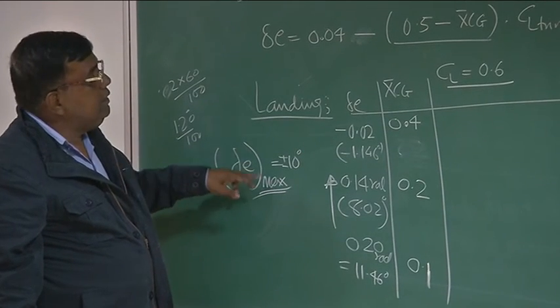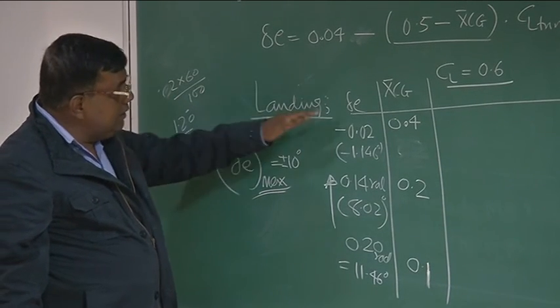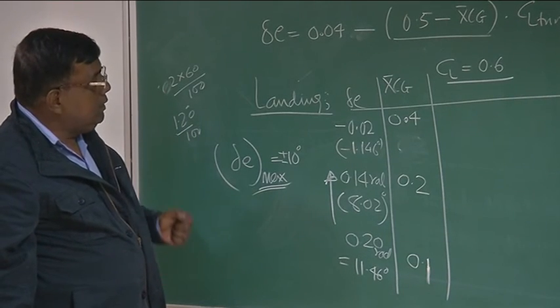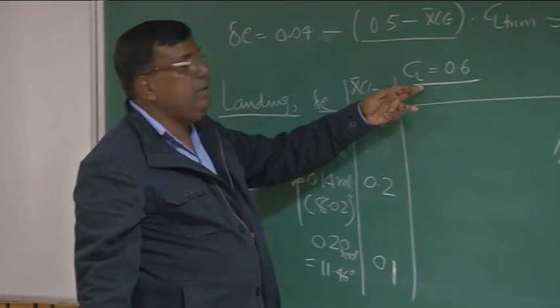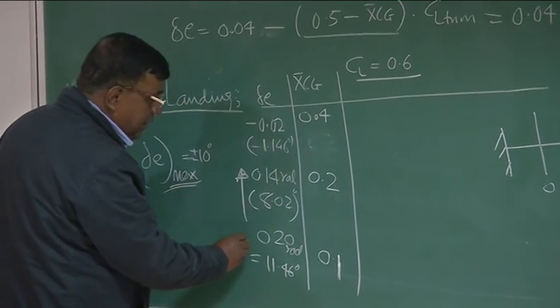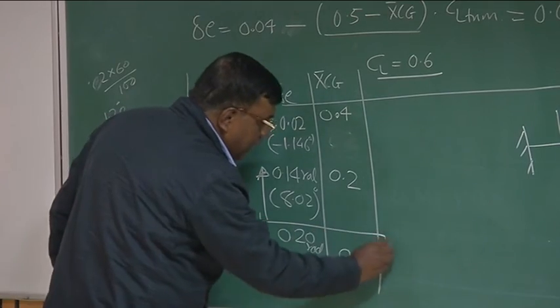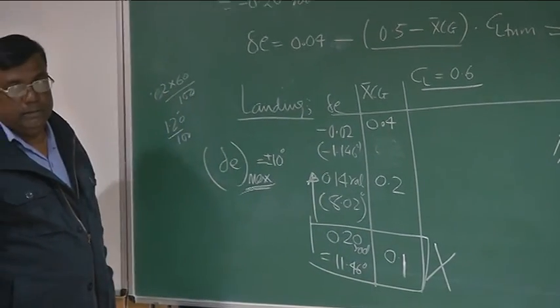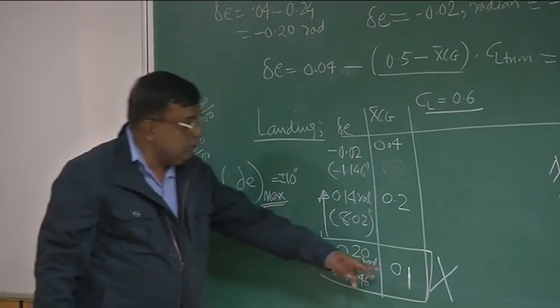If delta E max is 10 degree, then this result shows that I will not be able to trim the aircraft at CL 0.6 for a configuration having CG at 0.1.